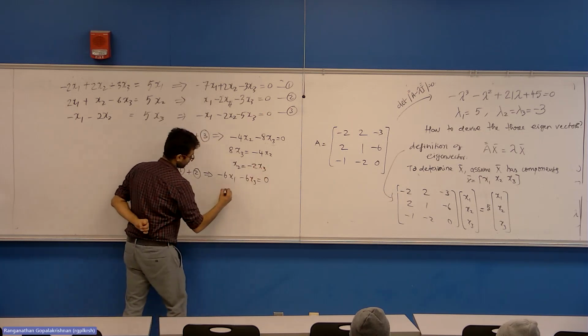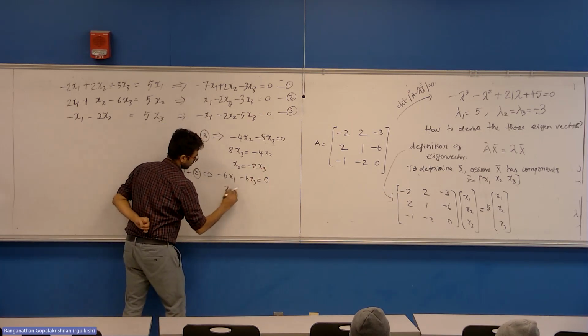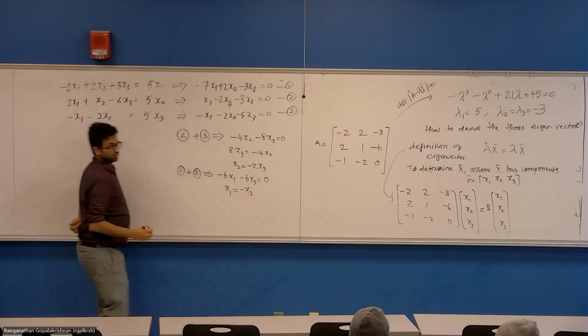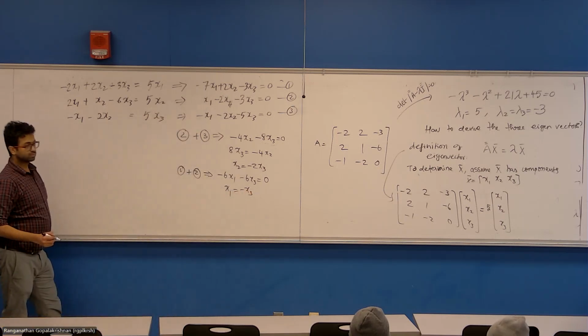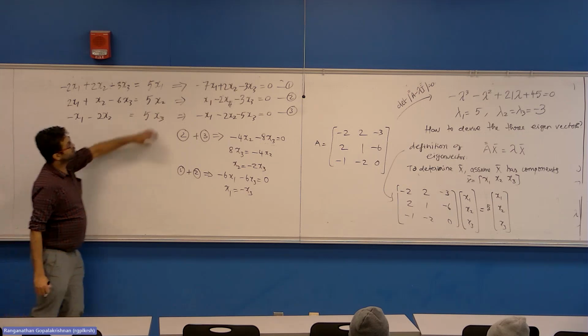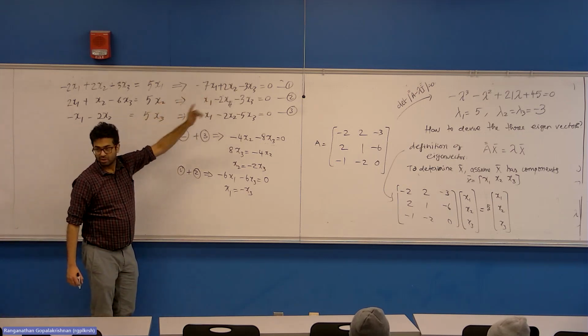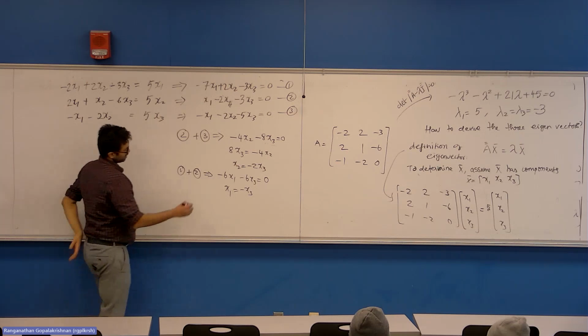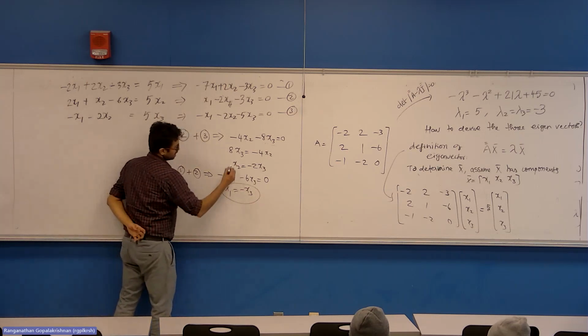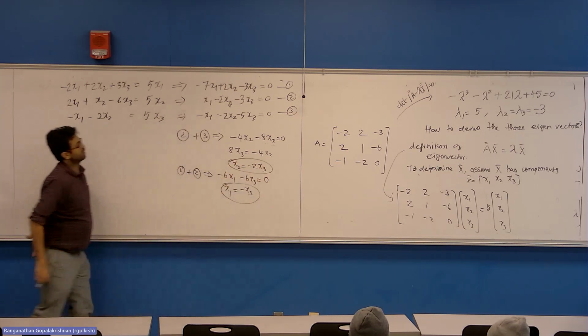So here I have x1 equal to minus x3. I've used all three equations now. I can't do any more equations. But the only thing I have is x1 in terms of x3 and x2 in terms of x3.